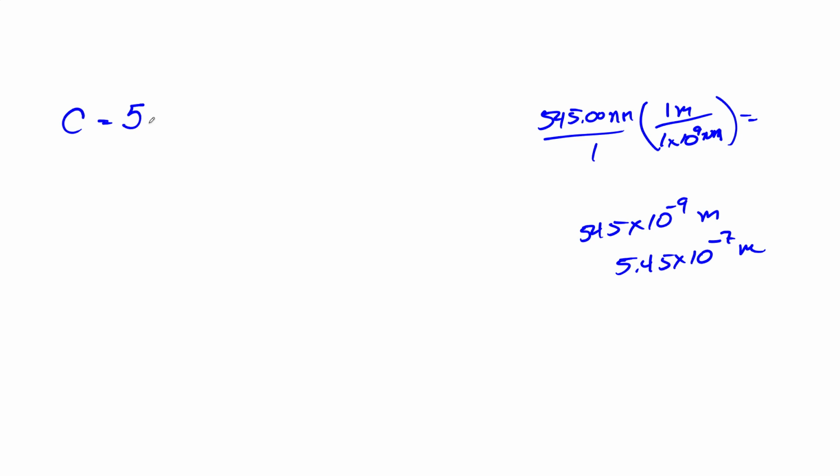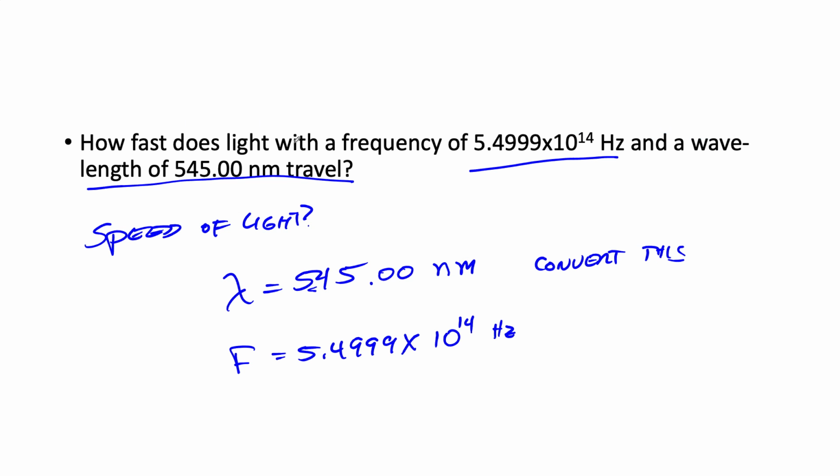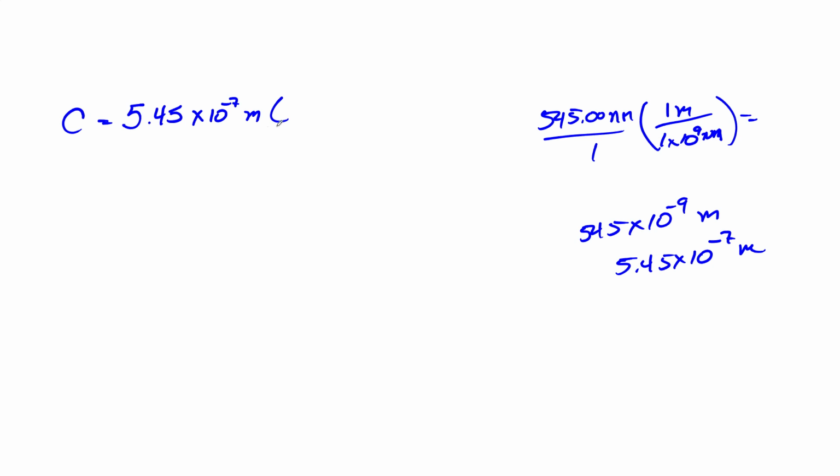So 5.45 times 10 to the minus 7th meters. And then we're going to multiply by the frequency. The frequency is this right here, 5.4999 times 10 to the 14th hertz. And we're going to figure out what all this means. So get your calculators out, guys.